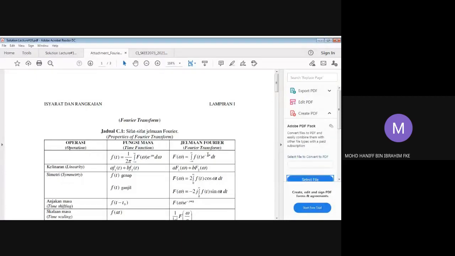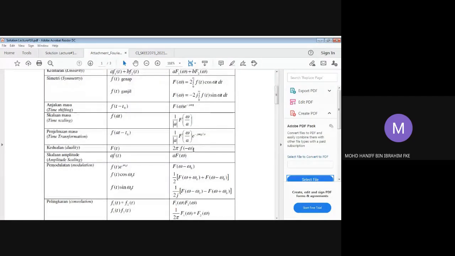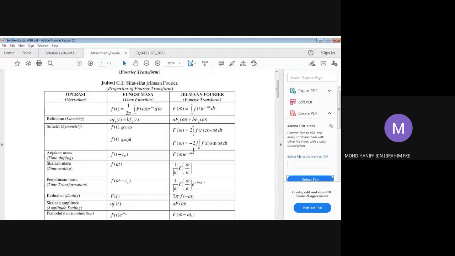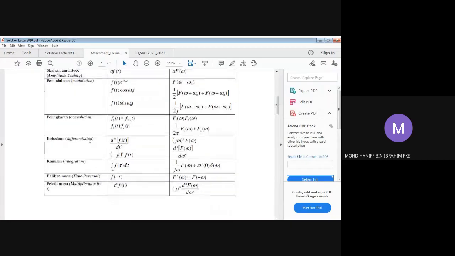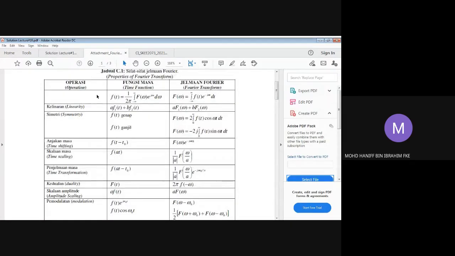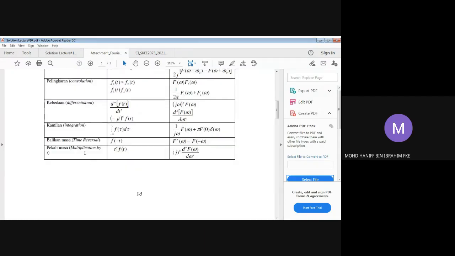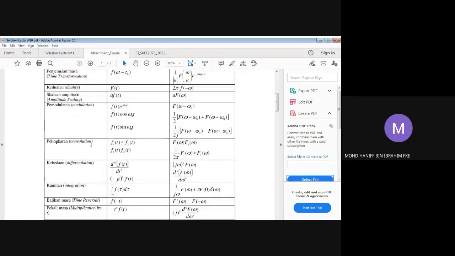We have 3 pages of this table, in which the first page is the properties of the transform. It's a complete version of the properties. We have linearity, symmetry, time shifting, up to the multiplication by t. But we are going to cover only a few properties.